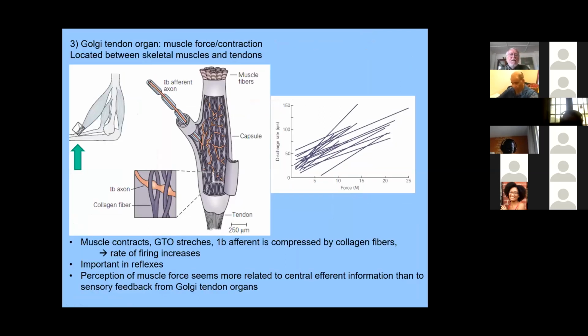Okay, then what we have is, again, in proprioception, basically looking at an interaction between deep tissue, which is made up of tendons, and the interaction between these tendons and skeletal muscles. And what you have is the Golgi tendon organ that basically measures force and contraction.